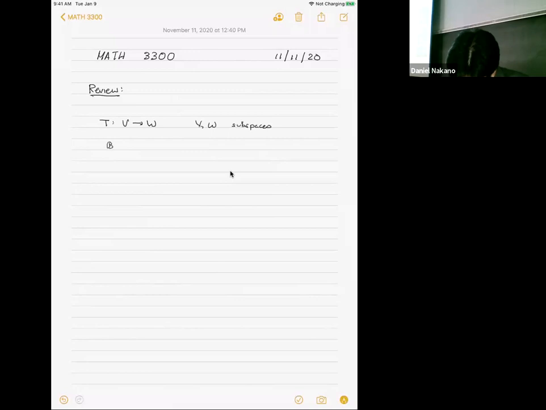So beta, which was V1, V2, up to Vt, is a basis for V. And then we had a basis for W. So C was W1, up to WR, and this is a basis for W.